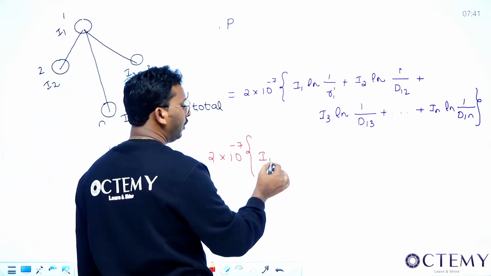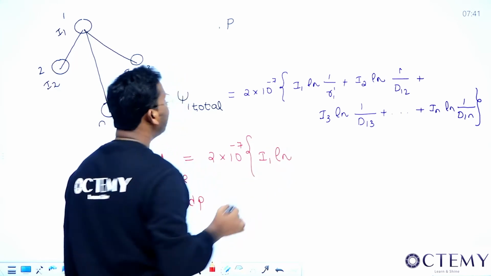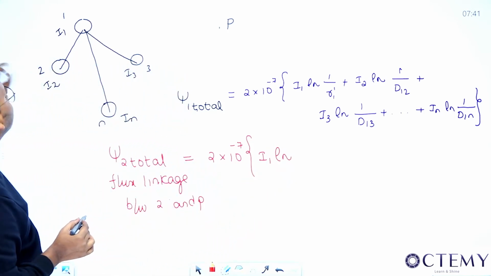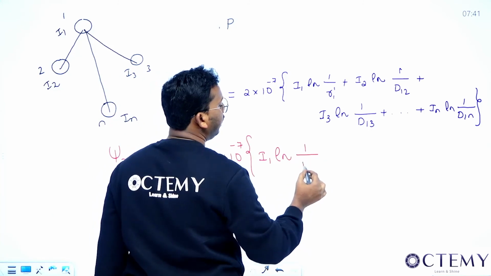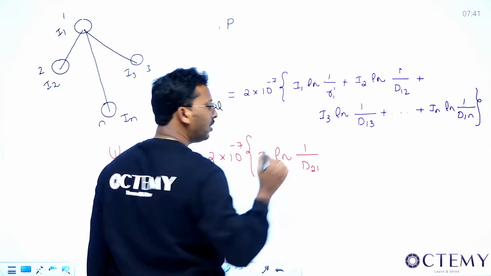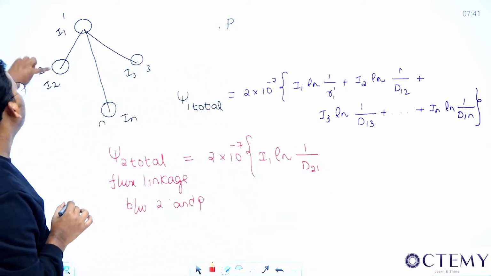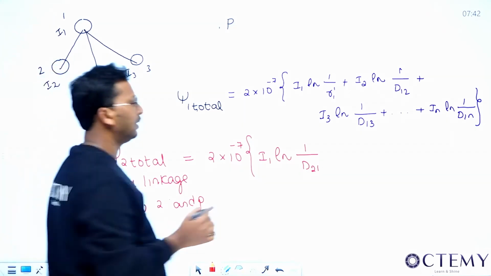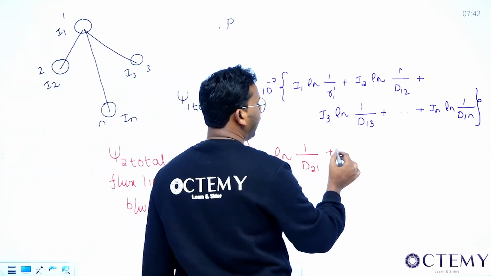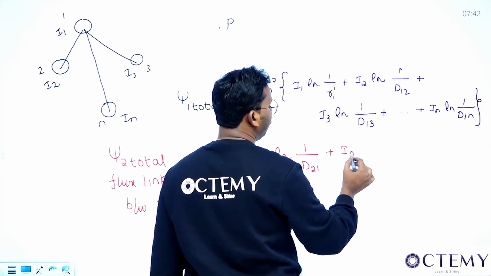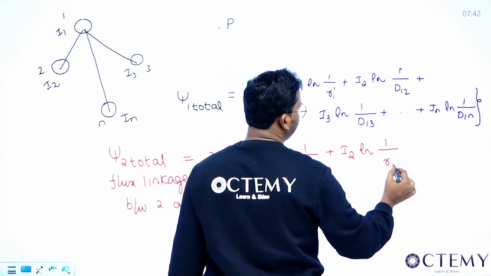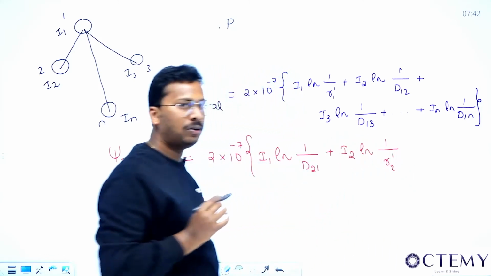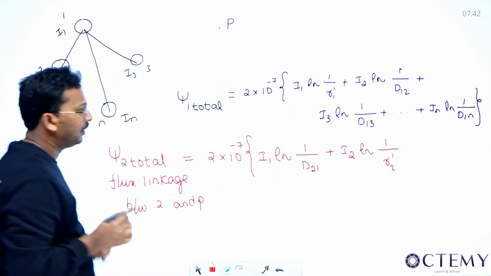I1 into ln of the distance between the first conductor and the second conductor. So that is 1 by D21, because I am taking 2 as reference. So the 2 to 1 distance, plus, because the current in conductor 2 is I2, you will get here 1 by R2 dash, because this is phi 2.